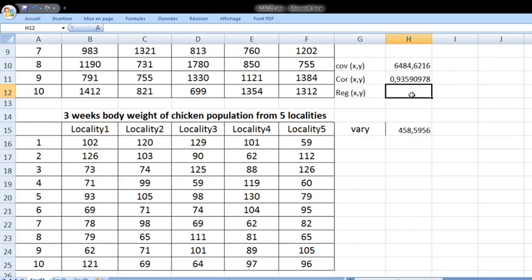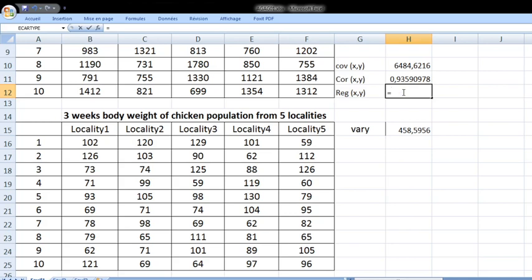Same is done for the regression coefficient. Equal regression. Let's estimate this one.